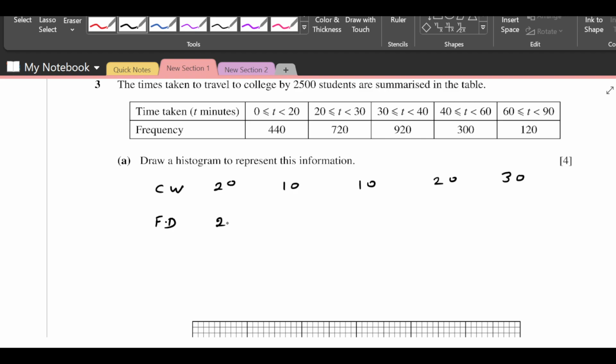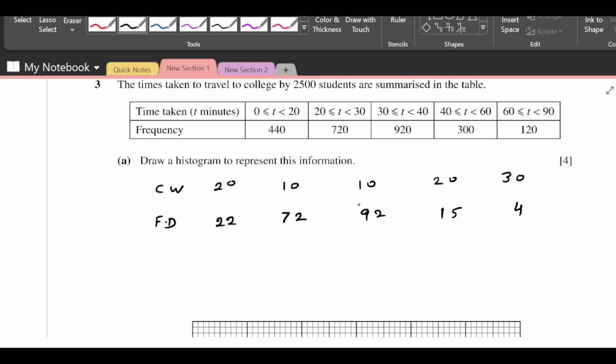It's 22. 720 divided by 10 is 72. 920 divided by 10 is 92. 300 divided by 20 is 15. And 120 divided by 30 is 4.